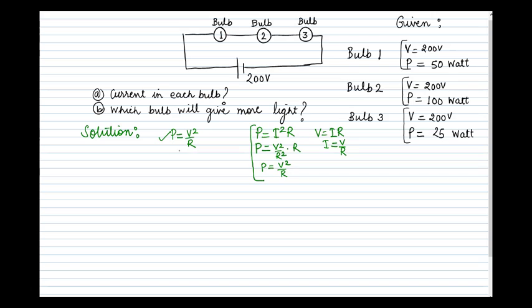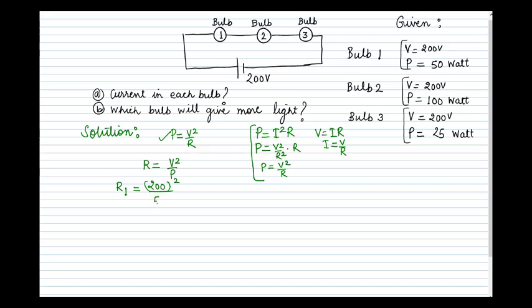So P is equal to V square upon R. So P is given to us, V is given to us, only R is unknown. So write down the value of R as R is equal to V square upon P. That means we can also calculate the resistance for each bulb. So resistance for bulb 1 will be equal to V square upon P. That means 200 square upon 50.